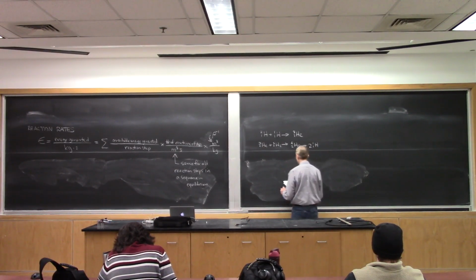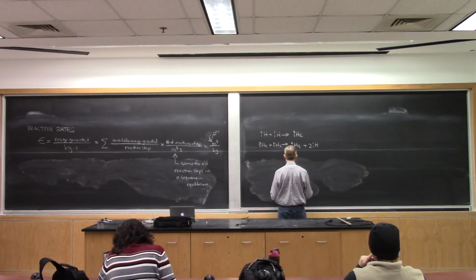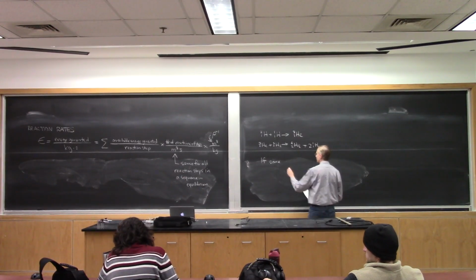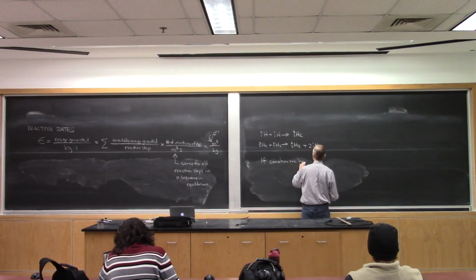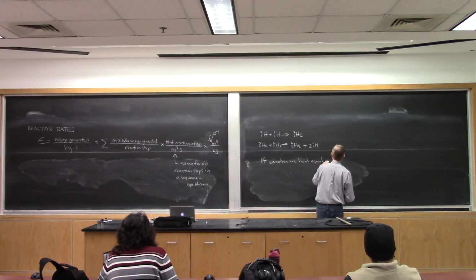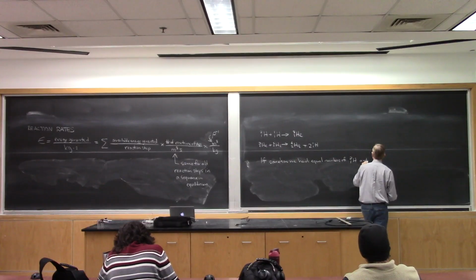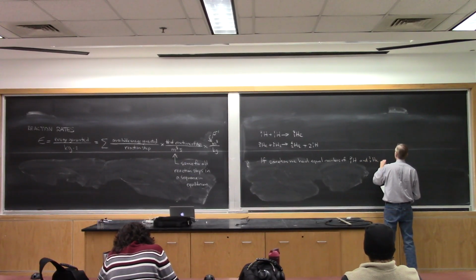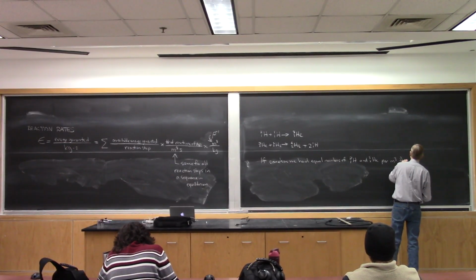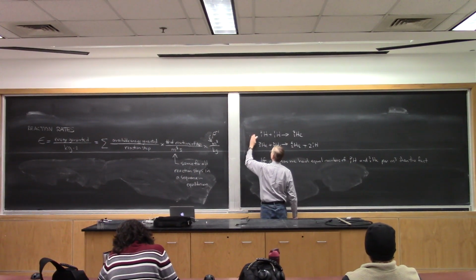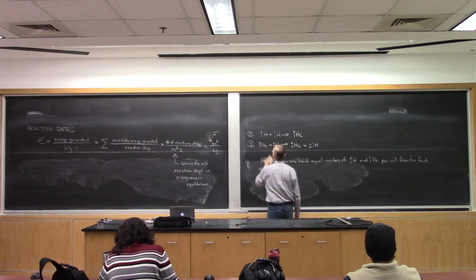And so we then talked about how if somehow we had equal numbers of deuterium and helium-3 per cubic meter, and we call this reaction 1 and this reaction 2, which one of these happens faster?